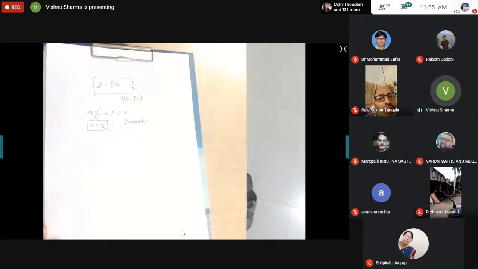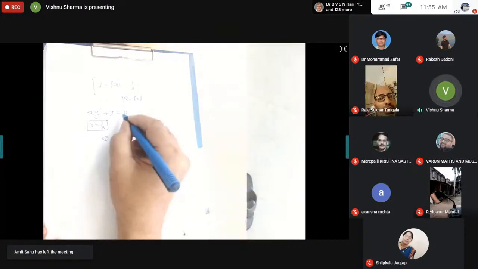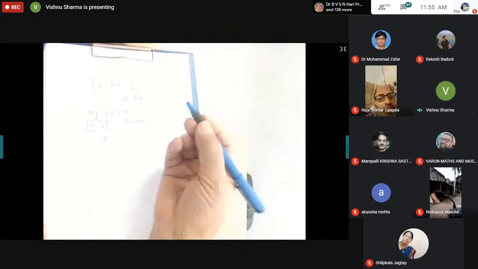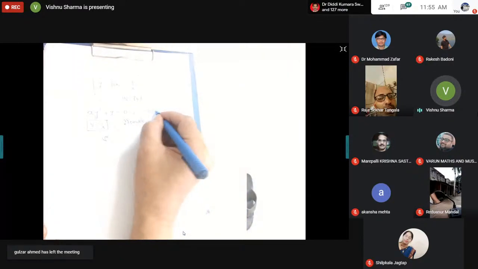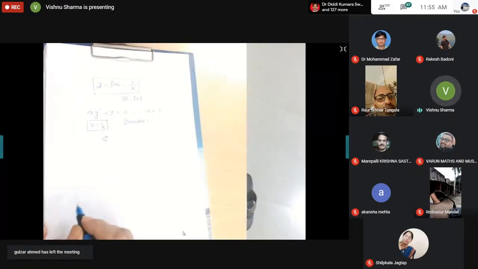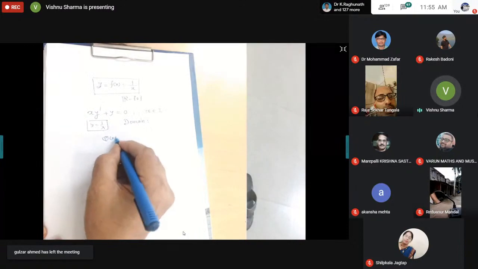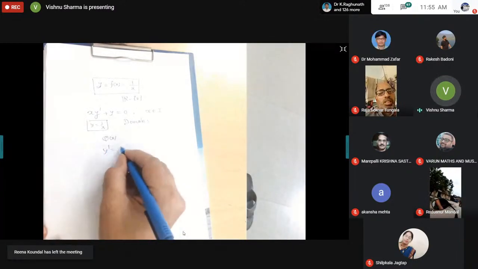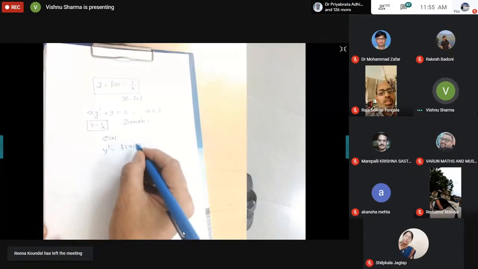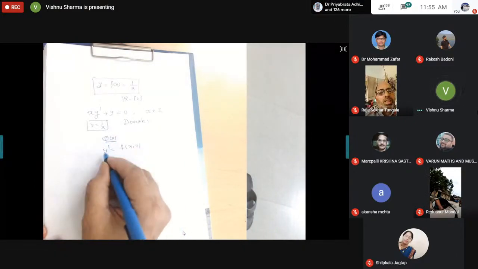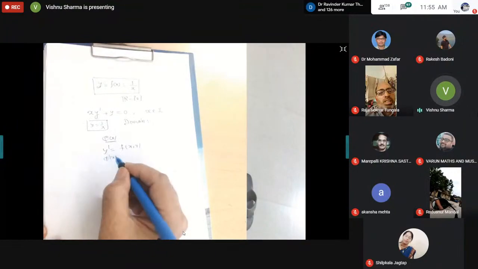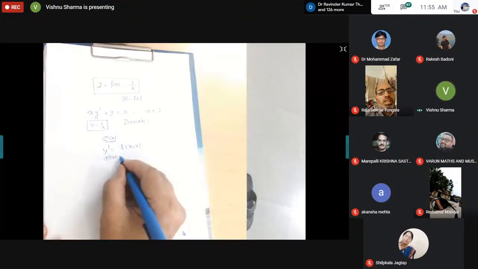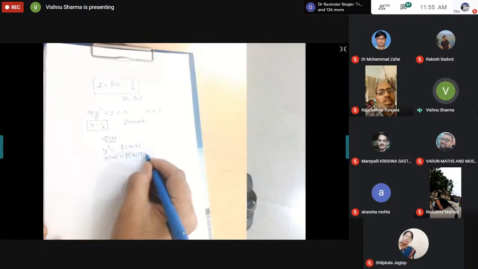What is the definition of a solution? Solution means a function. When I say that the differential equation is defined on some interval, and when I say that phi x is a solution of this, it means, if I write this differential equation as y' as a function of x and y, that this function is differentiable at every point of the interval and it satisfies this equation identically.